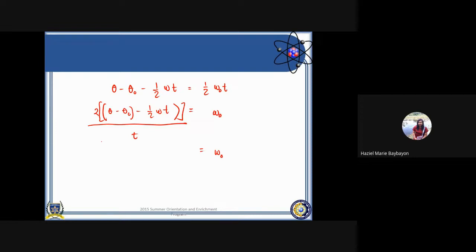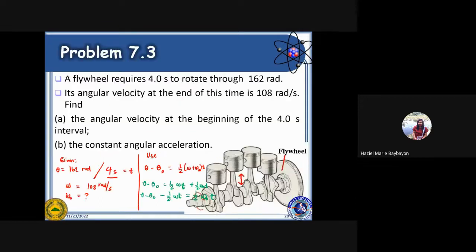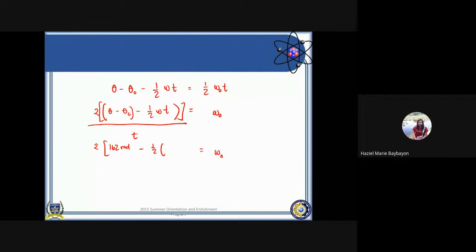So, you have omega naught equals 2 times theta minus theta naught, which is equal to 162 rad, minus 1/2 your omega, which is 108 radians per second, multiplied by the time. Pila ganito ang time? 4 seconds. Divided by 4 seconds. Okay? So, you can now solve that one.